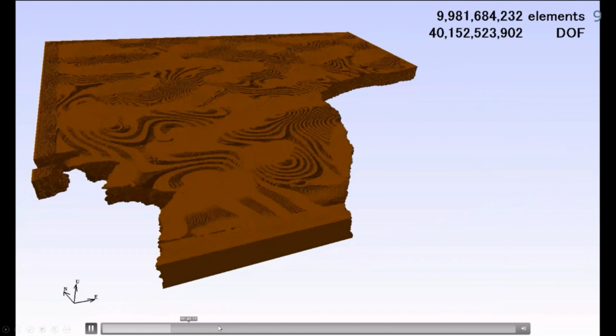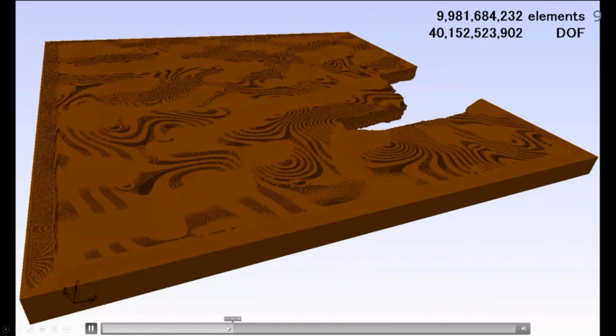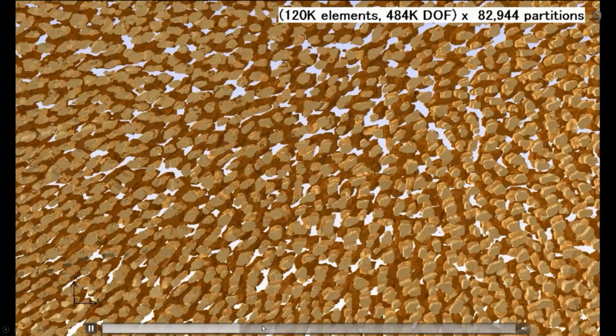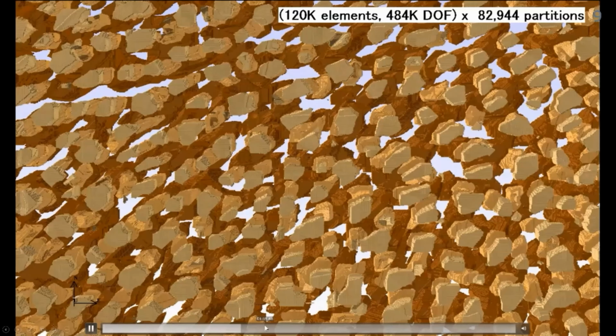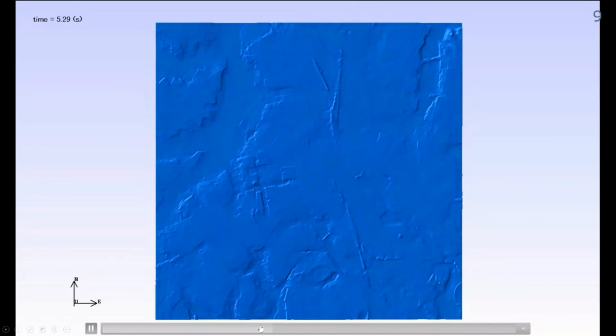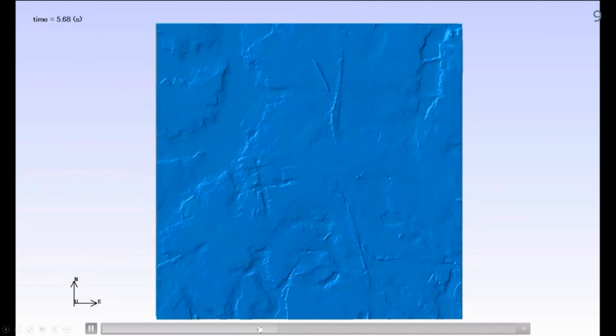We construct a 3D finite element model and decompose it for parallel computation. Using this 3D finite element model, we conduct the nonlinear wave propagation in the software.